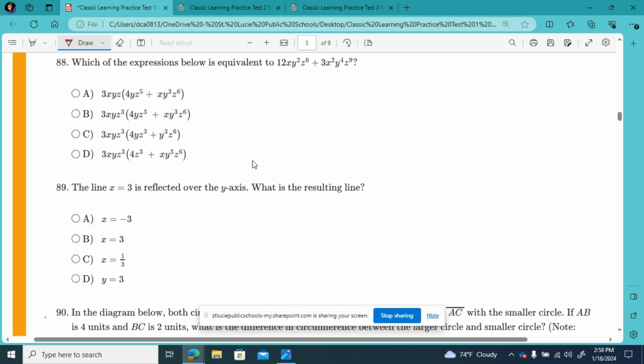So we have the monomial outside of the binomial, and these are in parentheses telling you to use the distributive property to multiply across here to get back this, right? So which one of these down here is a match?